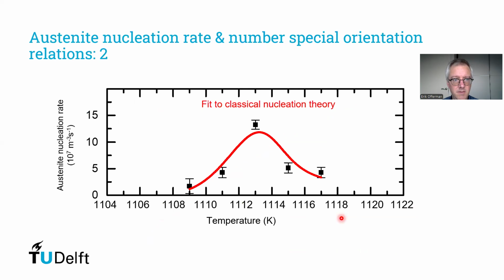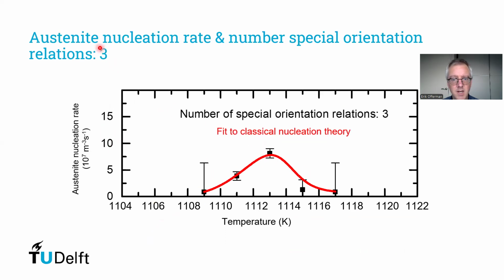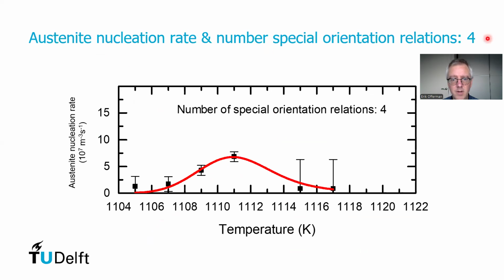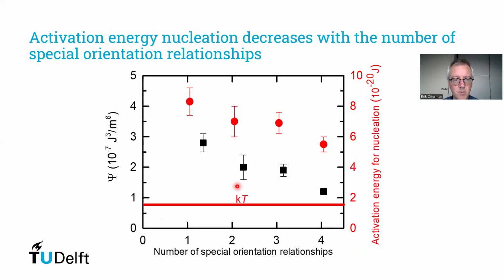Now, we did the fits to the classical nucleation theory in case there were 2 special orientation relations between the austenite nucleus and the ferrite grains. The same for 3 and for 4 orientation relations. When you summarize it here, you find for this psi parameter as a function of the number of special orientation relations that the more special orientation relations there are, the lower this psi value is. And this psi value directly translates into an activation energy for nucleation.